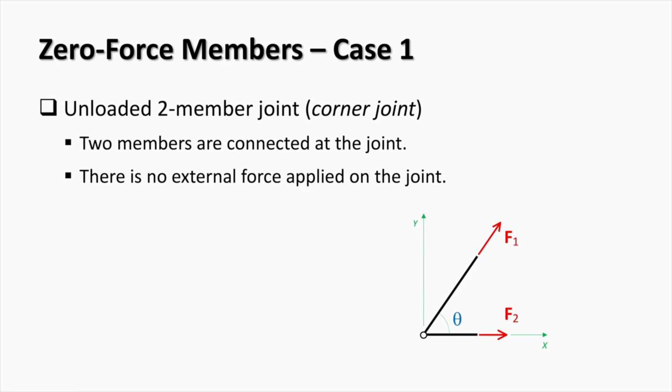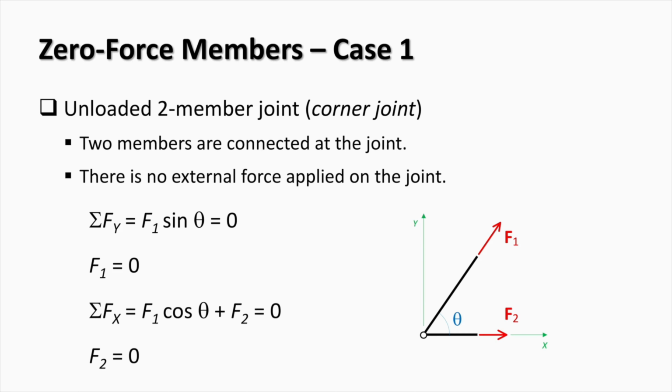To show that both bars are unloaded, we will write equilibrium equations. From the sum of vertical forces, it follows that force F1 is 0. And therefore, from the sum of horizontal forces, it follows that force F2 is also 0. As a result, both bars in this corner connection are unloaded. That is, they are zero force members.